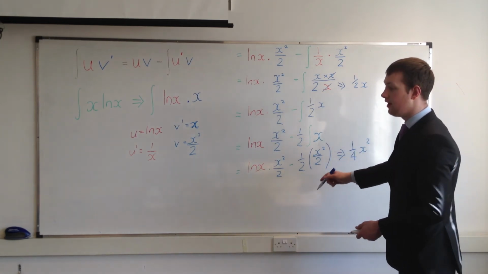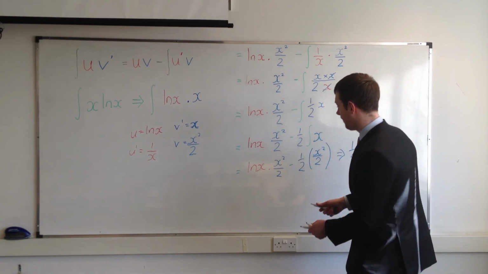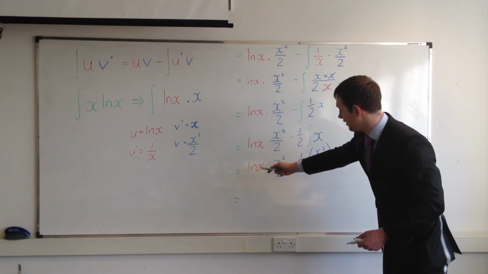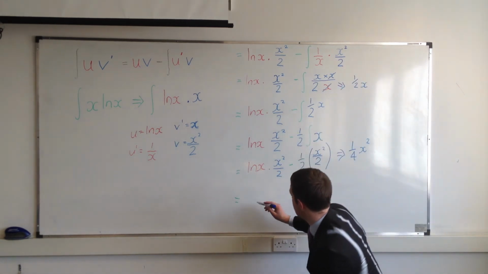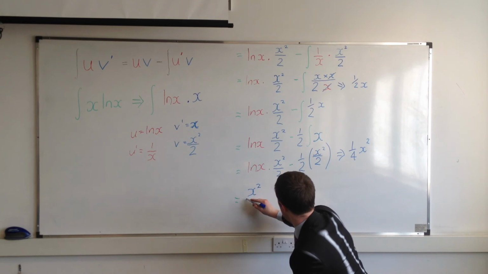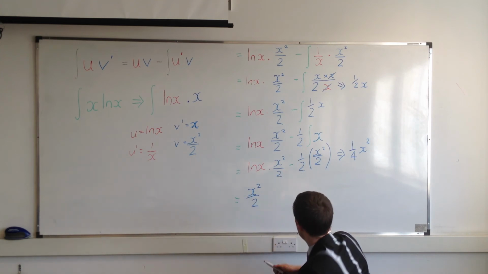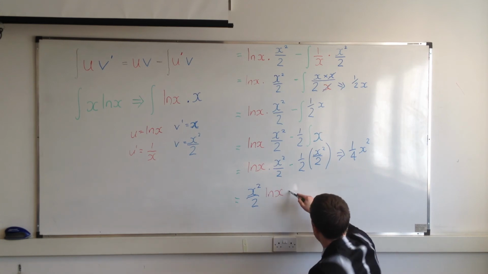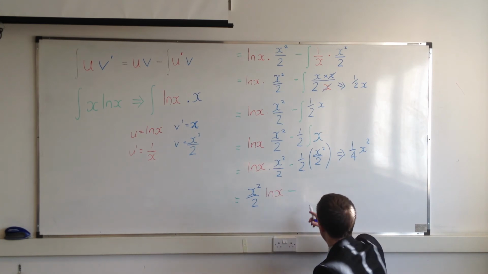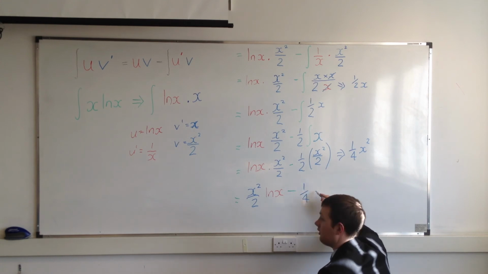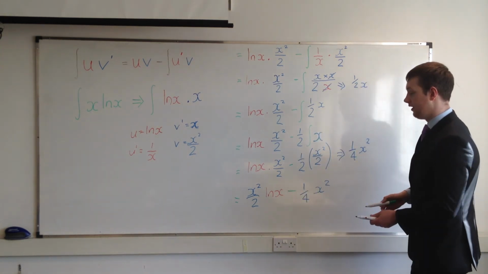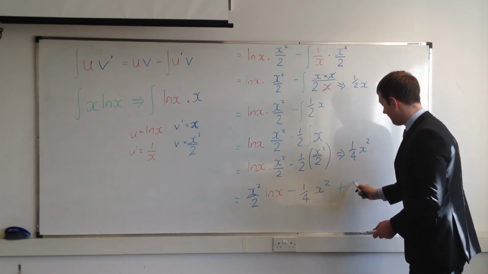So if we put this into the next line and do a quick rearrangement here to make it look a bit nicer, obviously this can go in front of this ln x here. So this now is a final answer, and we can add a plus c to the end.